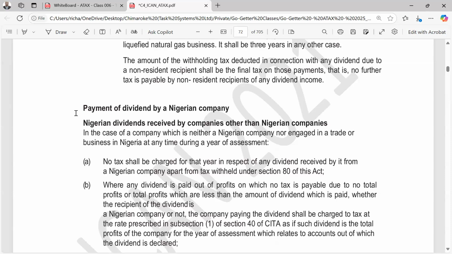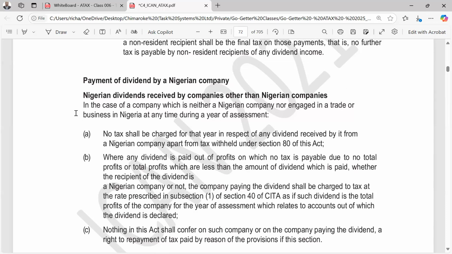In the case of a company which is neither a Nigerian company nor engaged in a trade or business in Nigeria at any time in the year of assessment, no tax shall be charged for that year in respect of any dividends received by it from a Nigerian company, apart from tax withheld, which is the withholding tax.